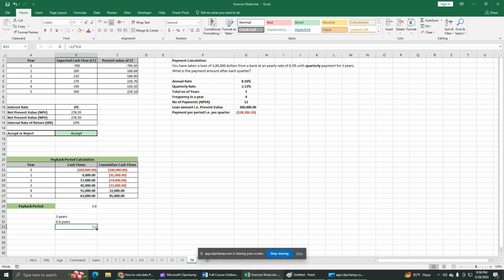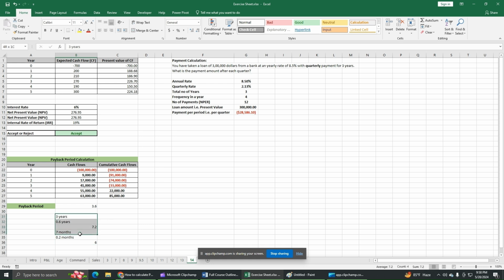If we want to know the days for the 0.2, we break it down, so we get 7 months and 0.2 months. There are 30 days in a month, into 0.2, that means 6 days. So we can say that the business needs 3 years, 7 months and 6 days to cover this initial investment, that is $100,000.